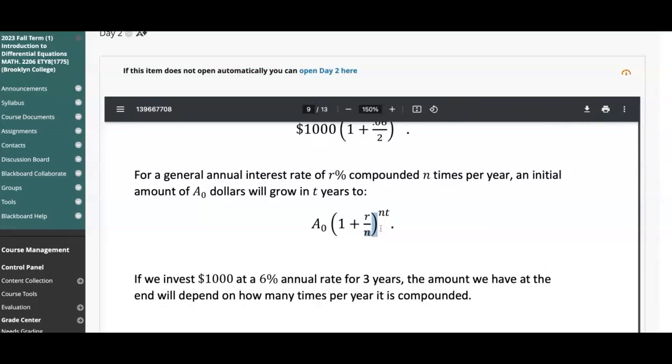You see r divided by 1, then this is 1 times t. So when t is 2 years but n equals 1, we have 1 plus r raised to t. But if we compound it twice for 1 year, we have r divided by 2, raised to 2. You see the difference? Yeah, I see it. Thank you. You're welcome.